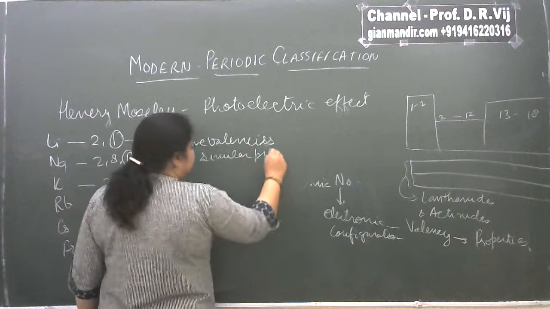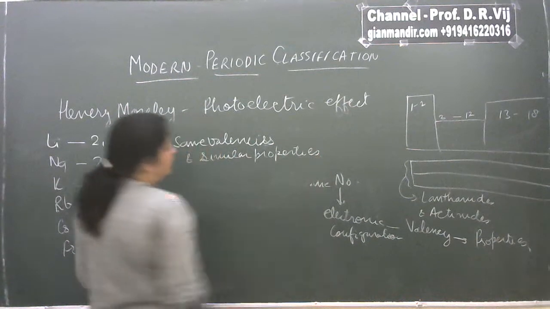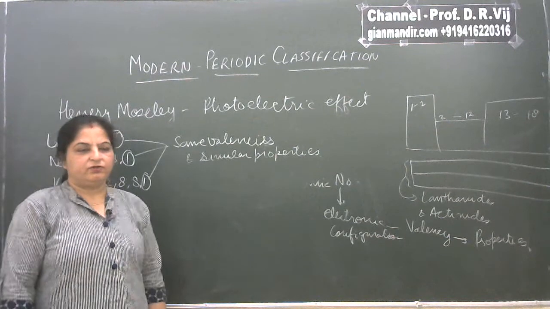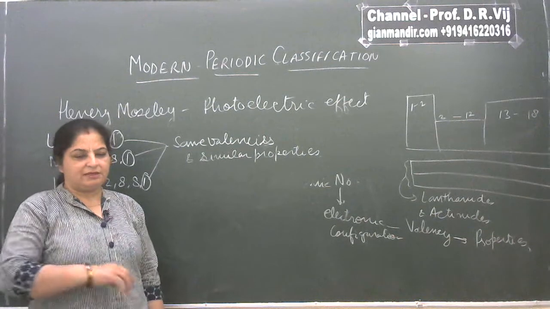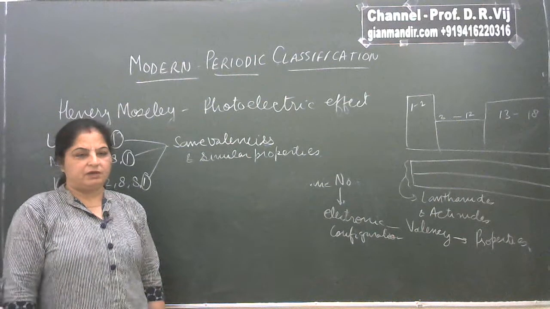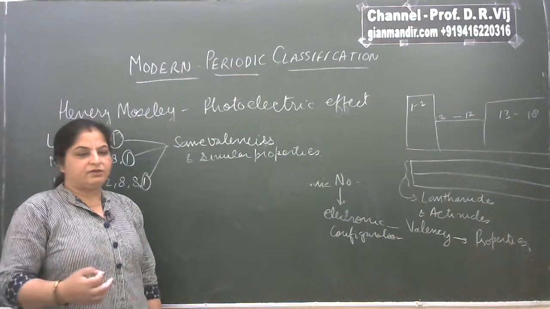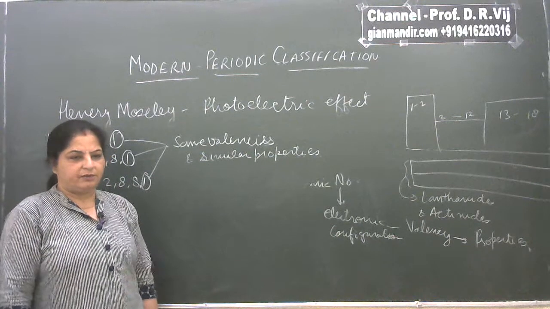and hence similar properties. So the cause of periodicity, which was unexplained until now, could be very well explained on the basis of the modern periodic table. In the modern periodic table, as elements are arranged in the order of increasing atomic numbers, after regular intervals the elements with similar outer shell electronic configurations are repeated.